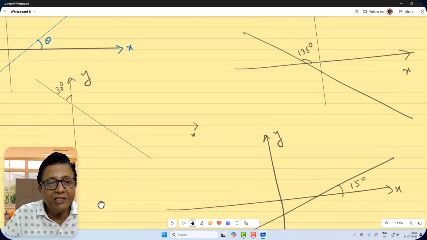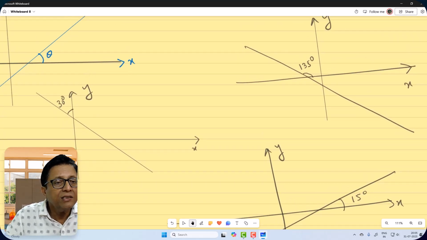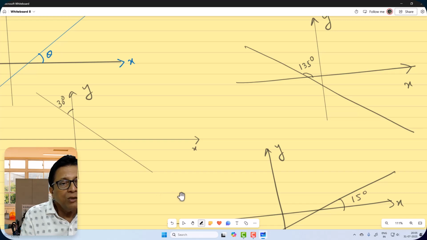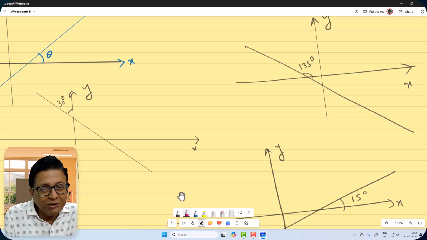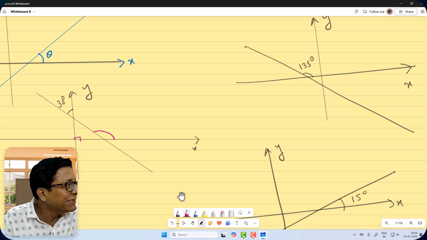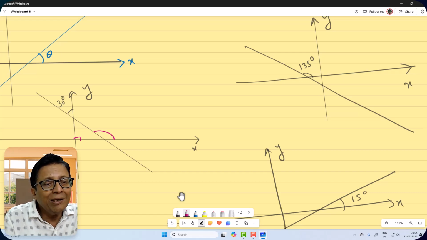These three cases. First case, the line. We need to know the angle made by it with positive x-axis. Isn't it? Positive direction of x-axis. By geometry, this has to be 30 degree.